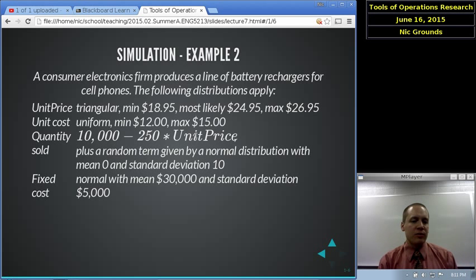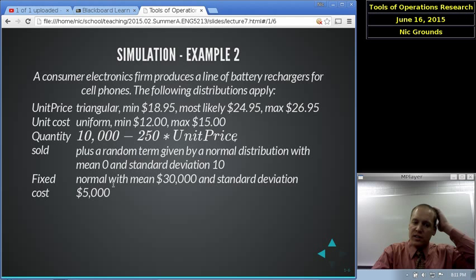We might sell 10 more units, 10 fewer units, we're not sure. That's why a normal distribution is good for those kinds of random terms where you can't exactly predict it. There's some randomness out there, so you have no idea whether it'll be more or less, but you have an idea at least of a range of how random it could be.